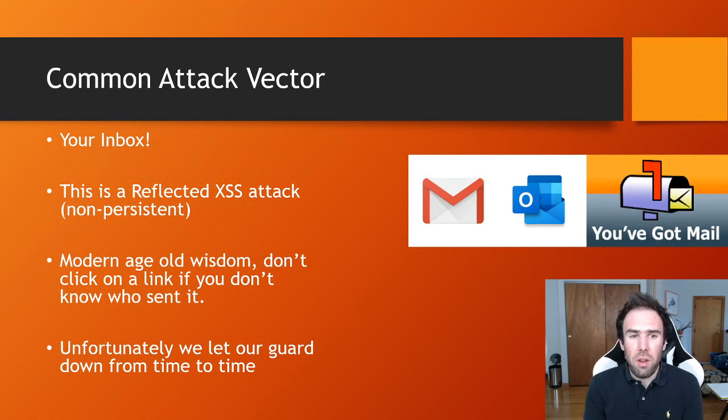So your first attack vector, your inbox, you've got mail, in other words. This is where the people who are not used to using technology all the time, they probably haven't heard this age-old wisdom that if you don't know who sent it, don't click on any of the links. And this comes down to a cross-site scripting reflected attack.